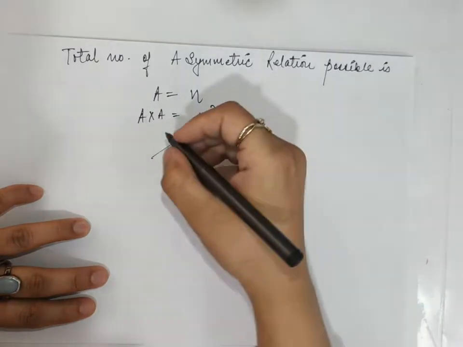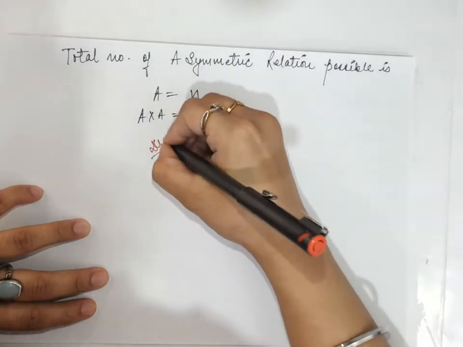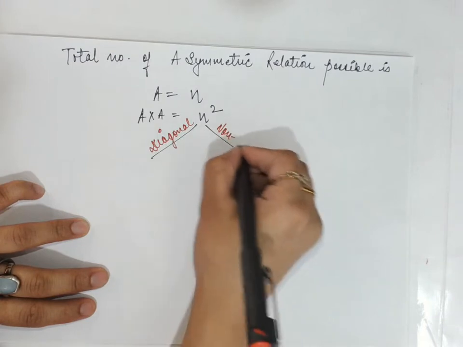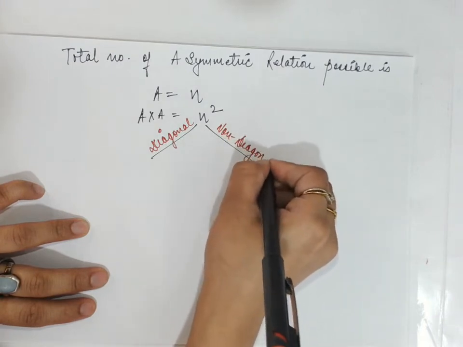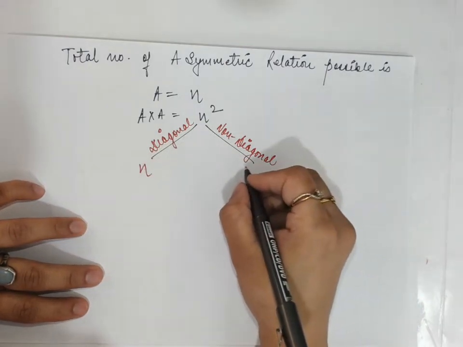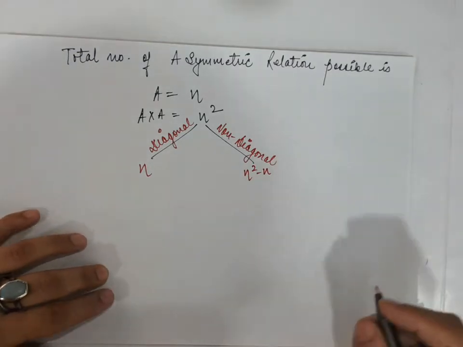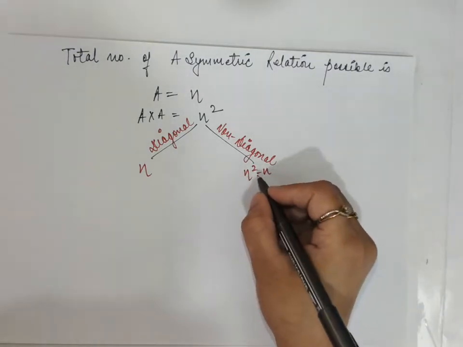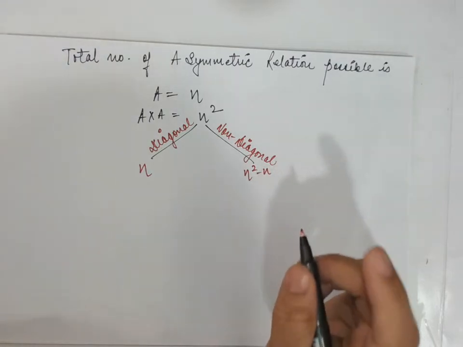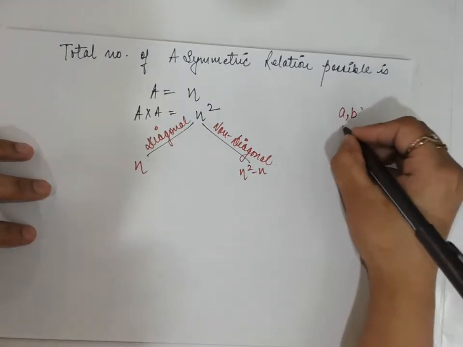If we divide this n square into diagonal and non-diagonal parts, for diagonal elements we have n elements, for non-diagonal elements we have n square minus n elements, and for the non-diagonal elements we have to divide this n square minus n by 2 because only one part is considered, that is if AB is present then BA is not present.